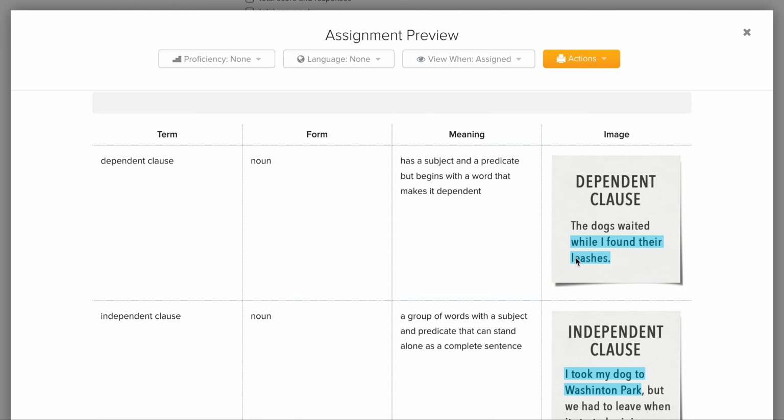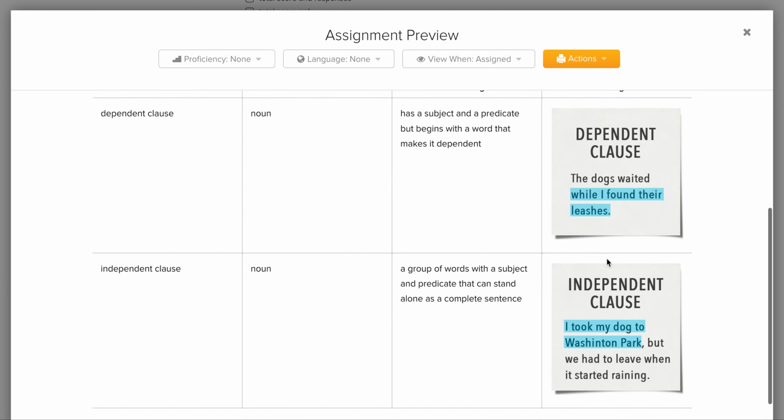But if I was to come up to you and say, "while I found their leashes," and then just stop, you would probably be confused and wonder if maybe I'm glitching in the matrix and do I have something to finish that thought. So that's what makes them dependent clauses. It depends on the rest of the sentence. In this case, the dogs waited while I found their leashes. That makes much more sense now.